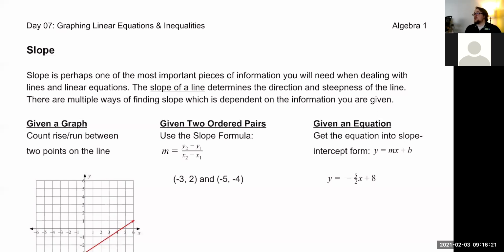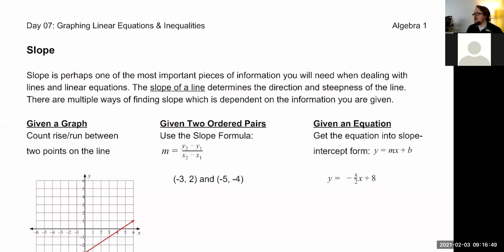Thankfully today, we're going to talk about some very unique components of the lines themselves and how they relate to the equations, so we can identify those parts. And by the end of today, we should hopefully have a much more efficient process of getting to that graph that we're looking for.